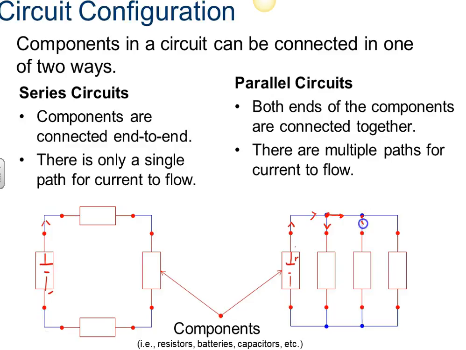When it hits this one, it can go in this direction or this, and of course this current is going to eventually come around in this direction. They all merge back together over on this side. So in other words, there's 1, 2, 3 paths for the current to take rather than just one. Any current that passes through this component will not pass through this component, and any current that passes through this one will not pass through the other two.